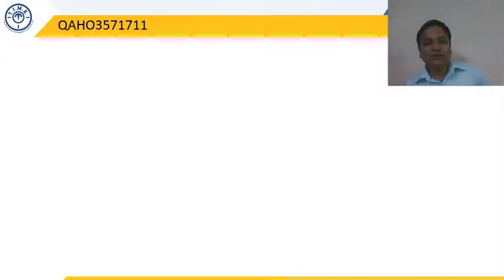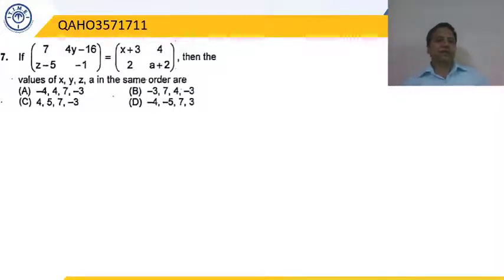Handout is 1711. Question number 7. In question number 7, two matrices are given which are said to be equal matrices. The question says you have to find the values of x, y, z and a in the same order. Same order means respectively. So we can equate the two matrices. How can we equate them?